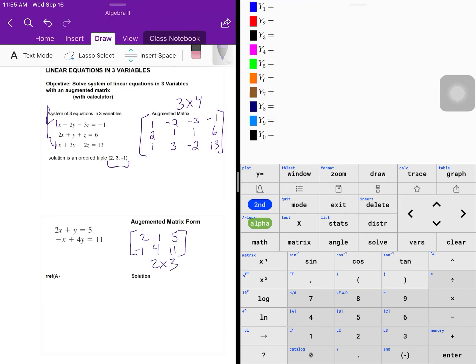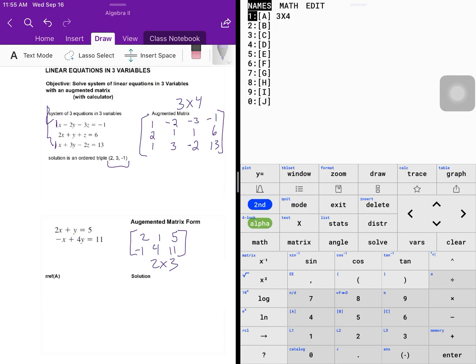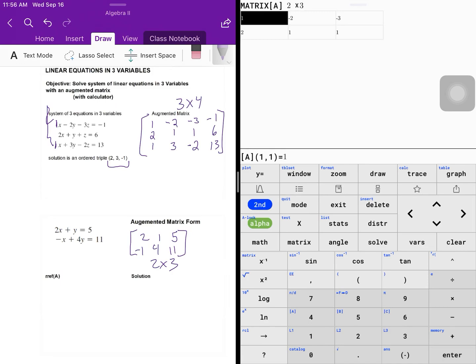So I'm going to go over to matrix. Oh, excuse me, I hit the wrong button. So second matrix. I could either go over and select A and change its dimensions, or you could select B for a different matrix. So it's a 2 by 3. I'll type in the 2, the 1, 5. Again, don't forget the negative.